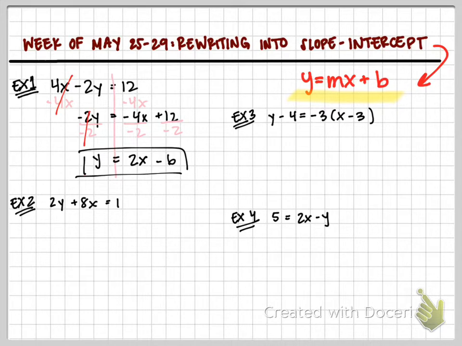Let's try the next one. So the next one I have 2y plus 8x equals 1. Again, I see the y on the left side, so that's good, but it's not alone. So I need to move things over. First thing is, let me go ahead and move that 8x to the other side. The opposite of addition is subtraction.